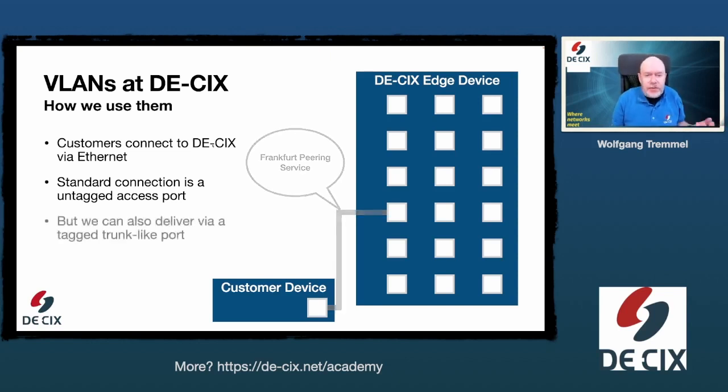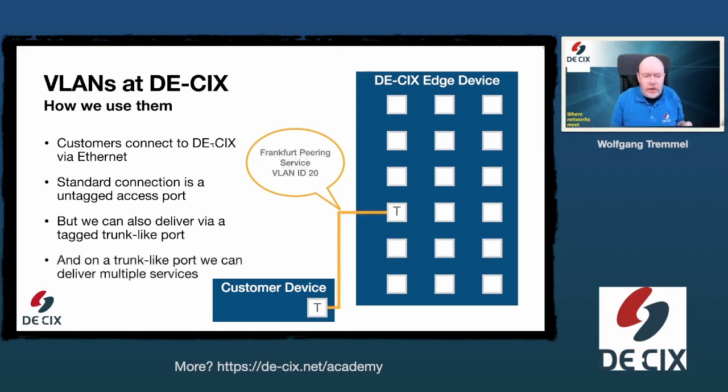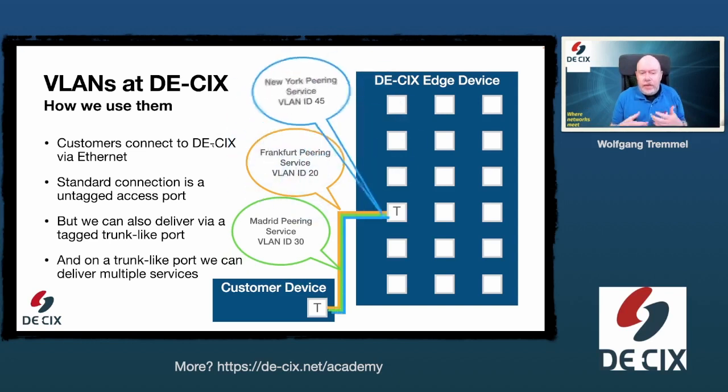But now he wants to have a second service on his port. So what we can do is we can tag each service. So we are tagging the Frankfurt peering service, and we are also adding a Madrid peering service and a New York peering service on the same port, each tagged with a different VLAN ID.